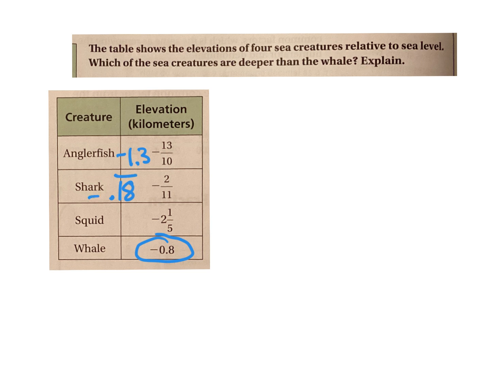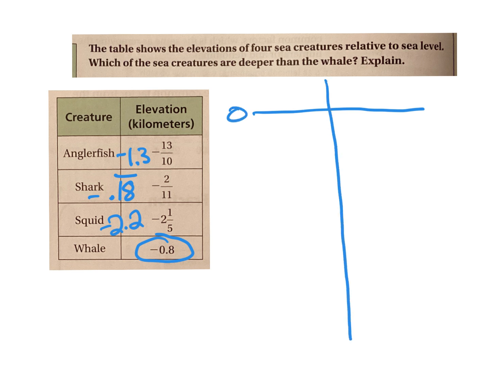All right, negative 2 1/5. That's 11 divided by 5. It's a negative 2.2. So now I have 0 here, and I'm going to go down here, and I have negative 1, negative 2, and that's all I need.